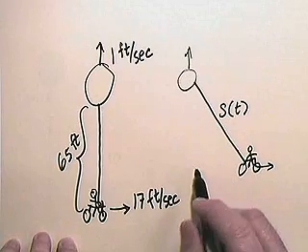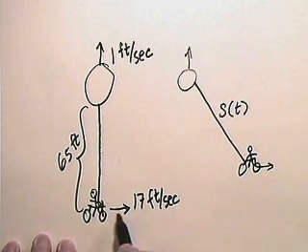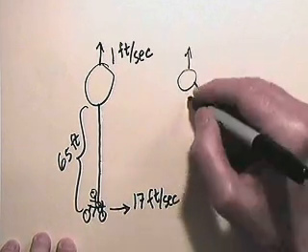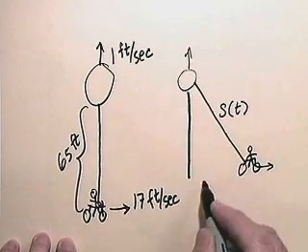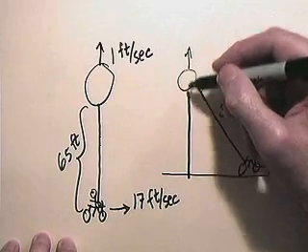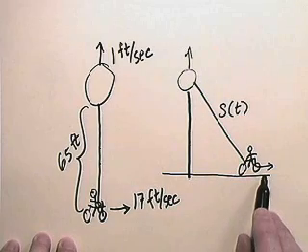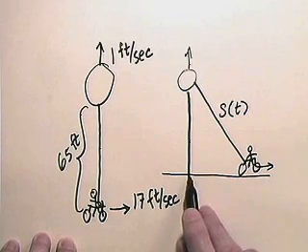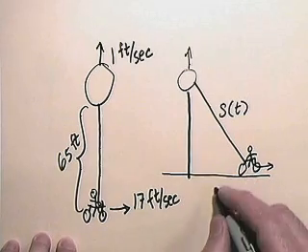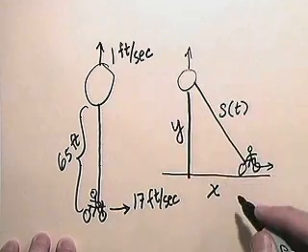And at the specific instant we're interested in, 3 seconds has elapsed from the time the bicycle was directly under the balloon. So here we have a vertical line down to the ground formed by a straight line from the balloon down to the ground. And then we have the horizontal line, which is the ground. And the distance from this point directly under the balloon to the bicycle, let's call that x. The distance from the ground to the balloon, we'll call that y.